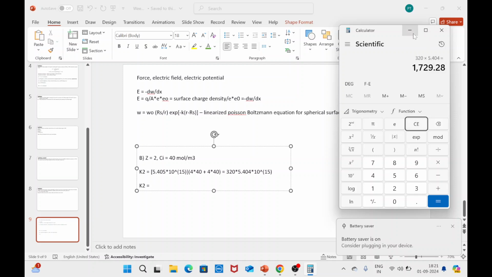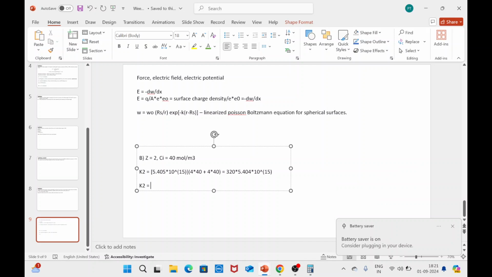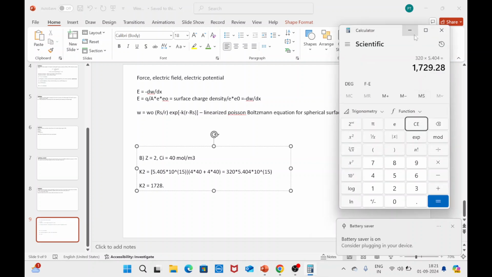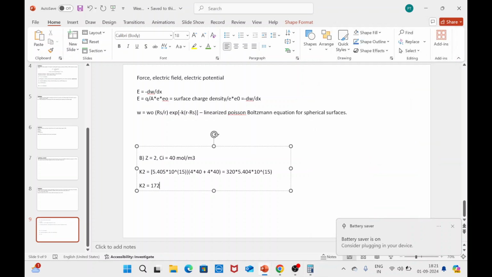So that is 1729.28 times 10 to the power 15.